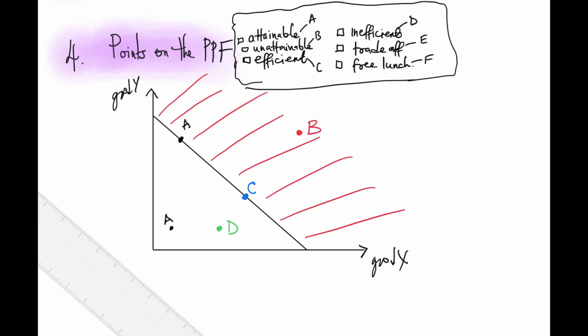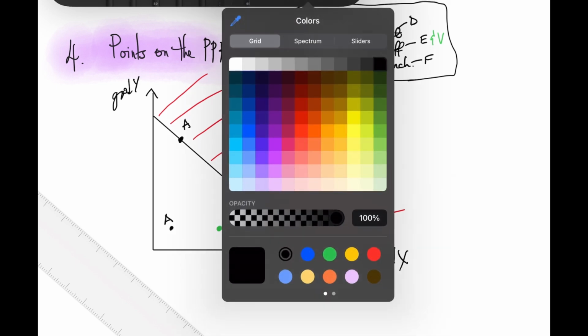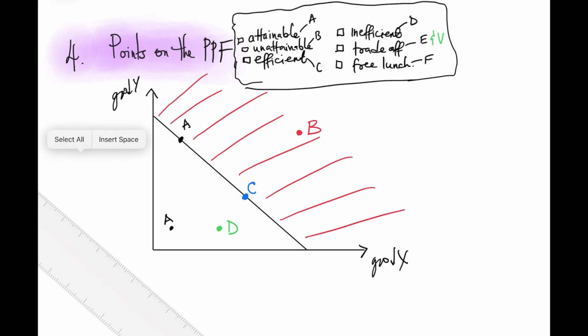A trade-off point E. Now, how about I do point E and point V, right? So here we have point E and V. Let's see if I can find more colors. Okay, point E and point V, trade-off. So that's point E and that's point V. The trade-off will look like that.